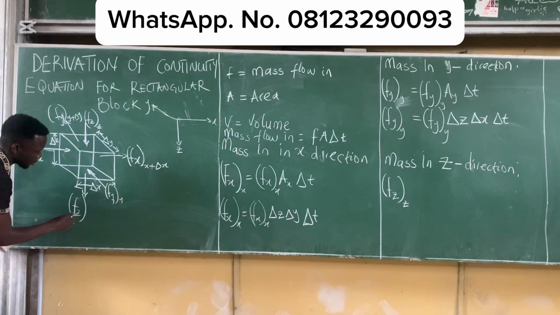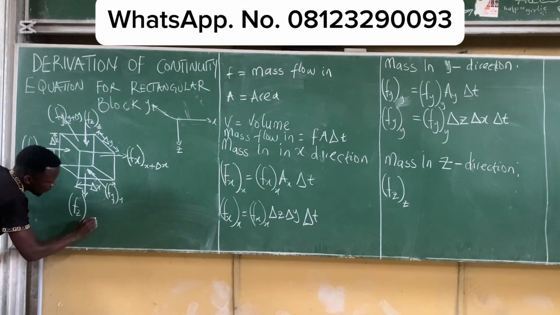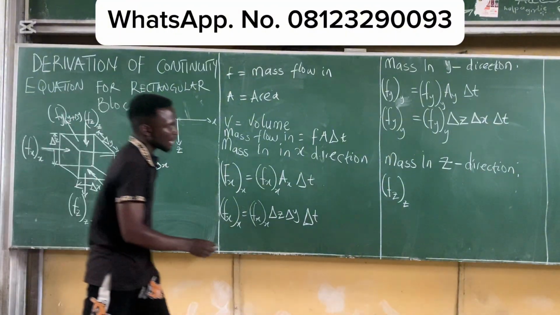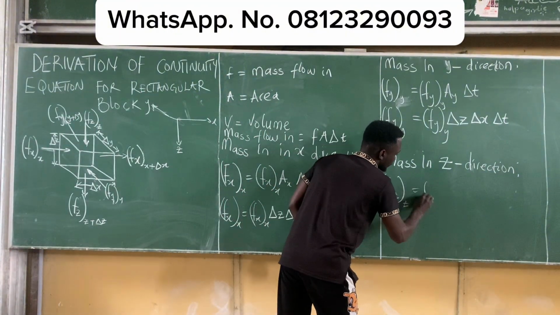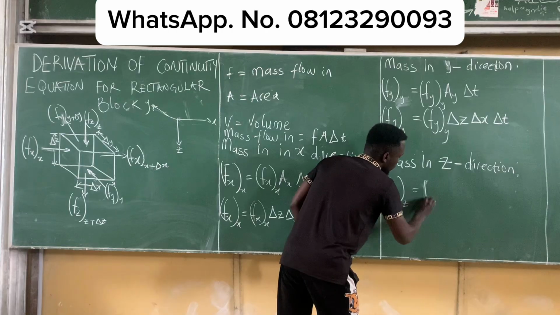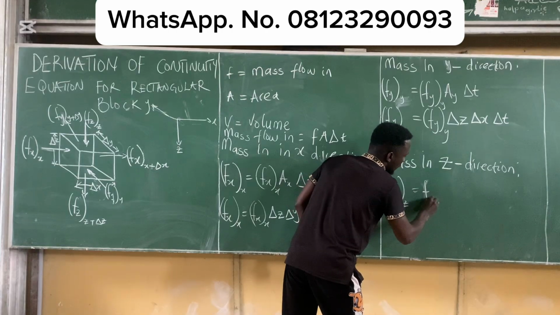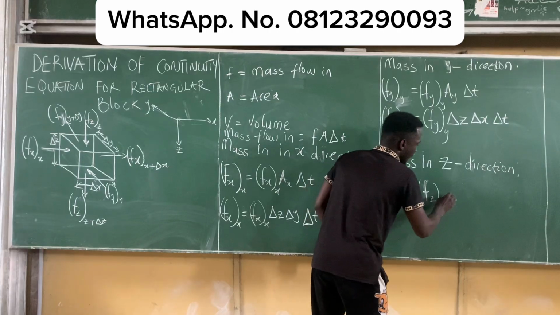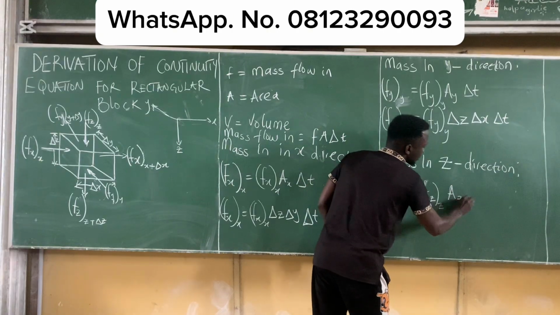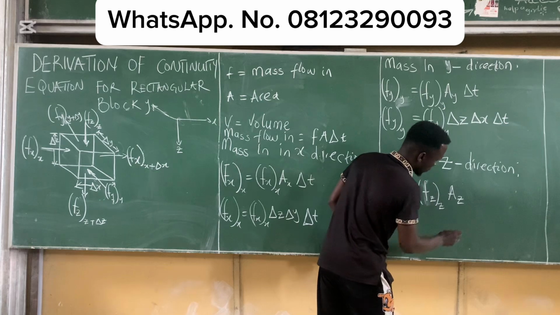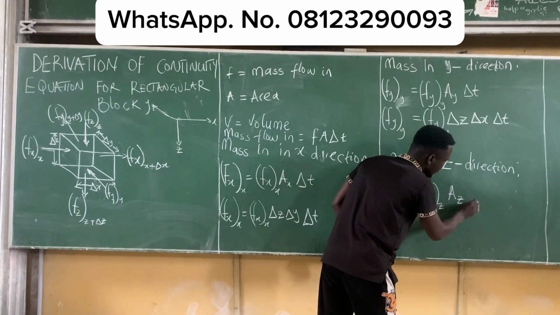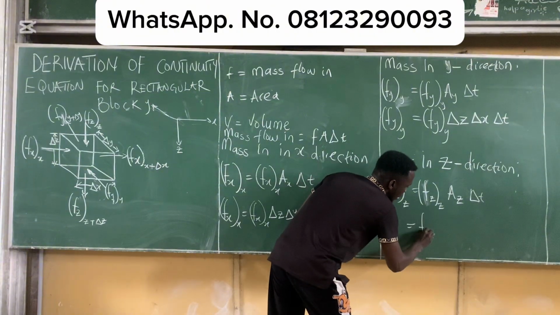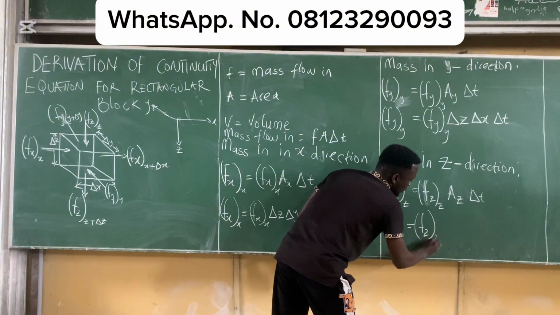So the distance becomes F of z plus change in z. If we are to consider that, this will give us F of z at z times Az multiplied by delta t. So this will give us F at z.